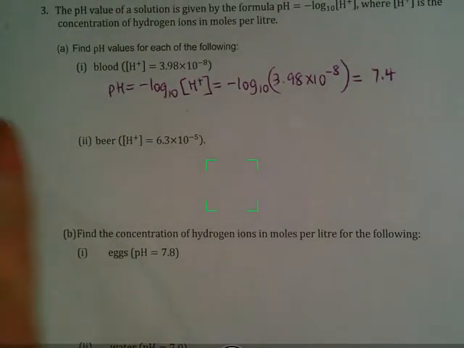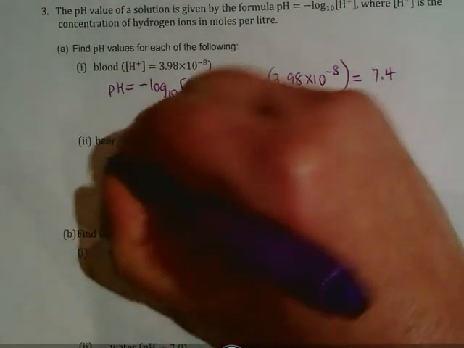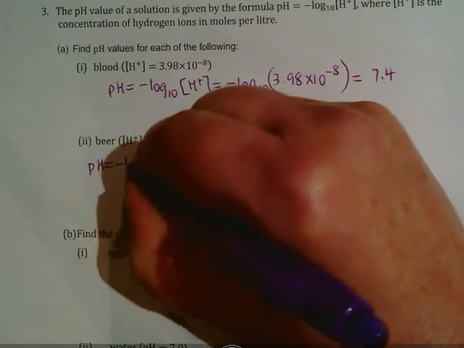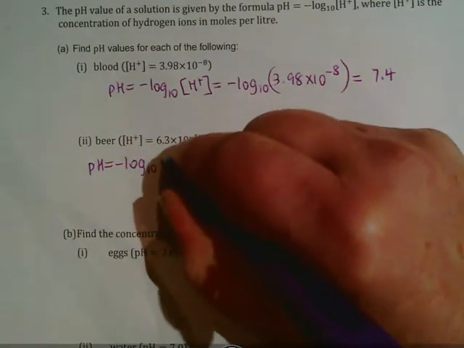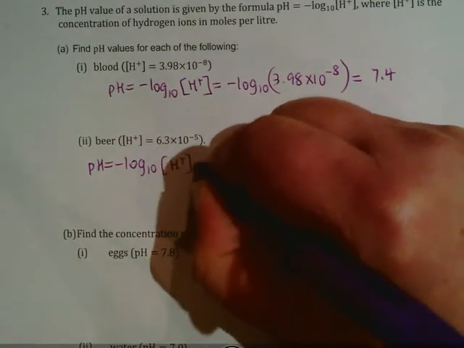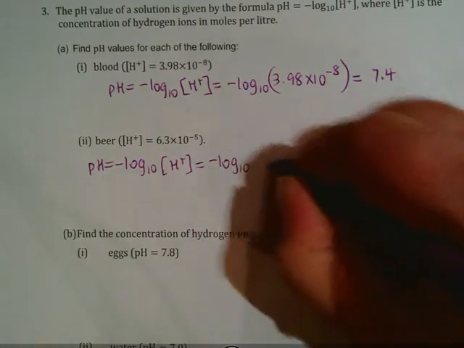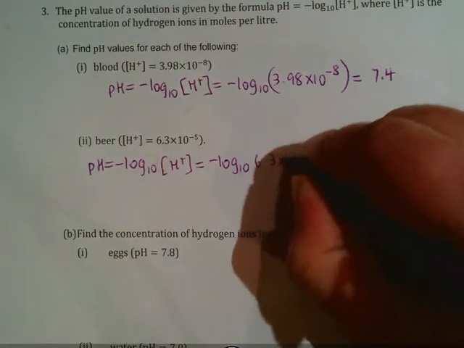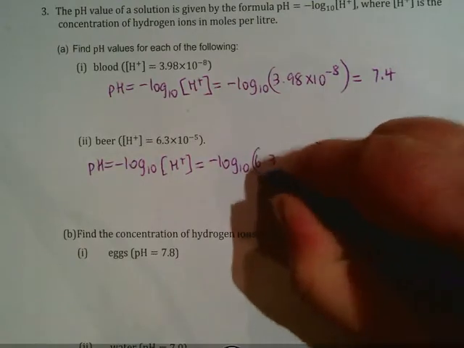Remember that pH is on a scale of 1 to 14, okay? All right, now the pH of beer. pH equals minus log to the base 10 of the hydrogen ion concentration, which is minus log to the base 10 of 6.3 times 10 to the power of negative 5.